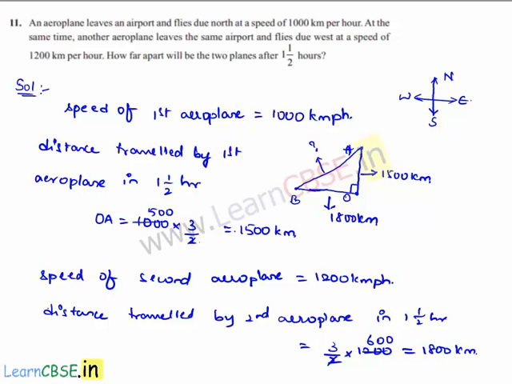From Pythagoras theorem, we can say that in a right angle triangle, hypotenuse square is equal to the sum of squares of the other two sides.